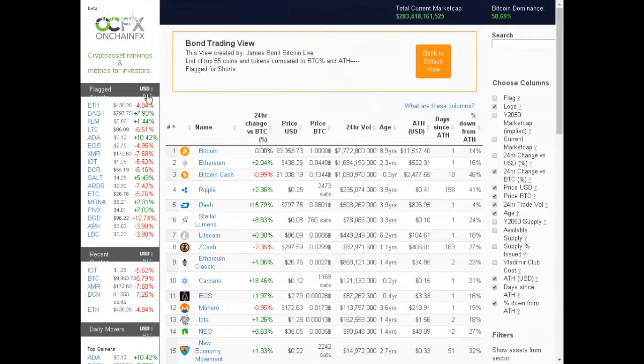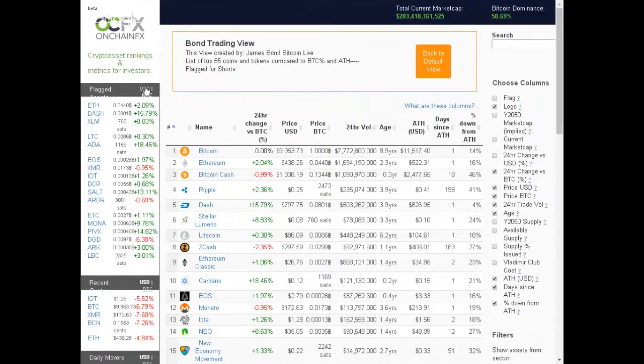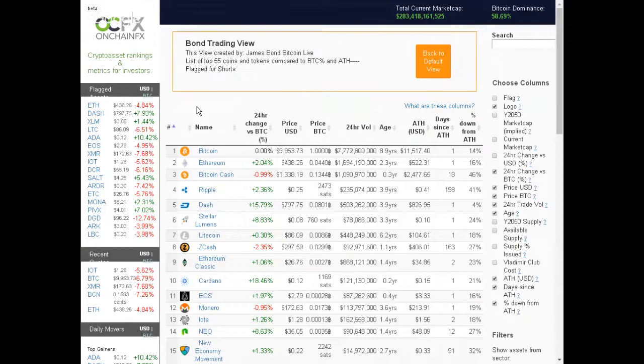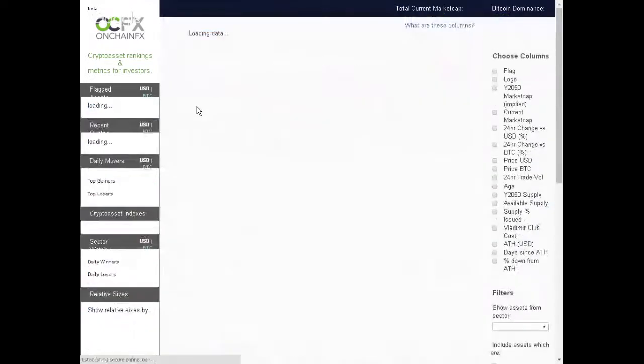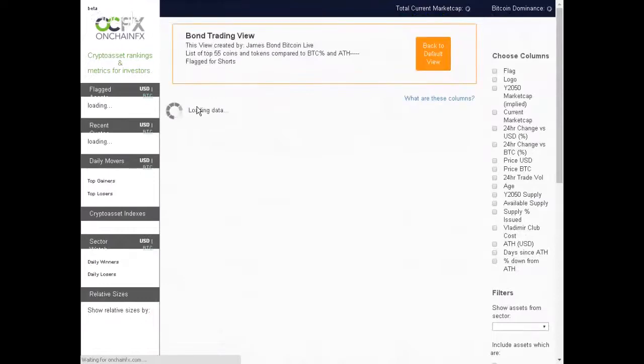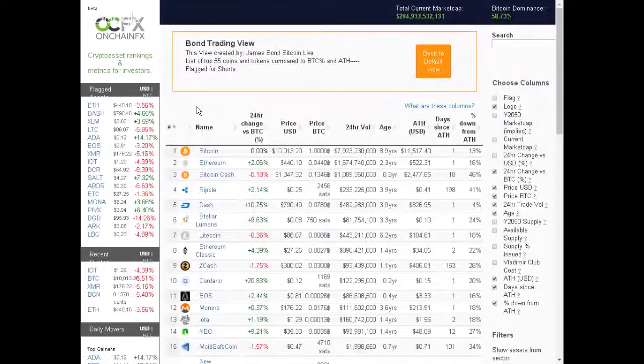Let's see what the Bitcoin amount is. Let me actually refresh it. You know, I think my wireless is faster than my cable, which is crazy. So there you go. It's refreshed. Let me check out what the Bitcoin value is here in my flagged area.